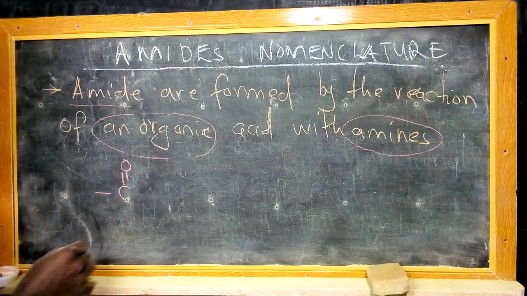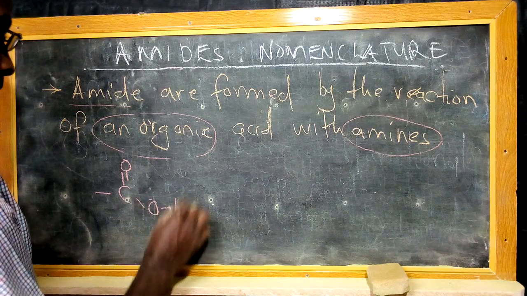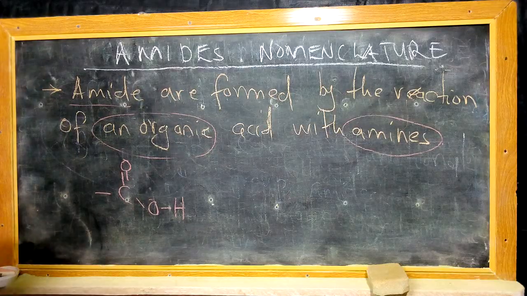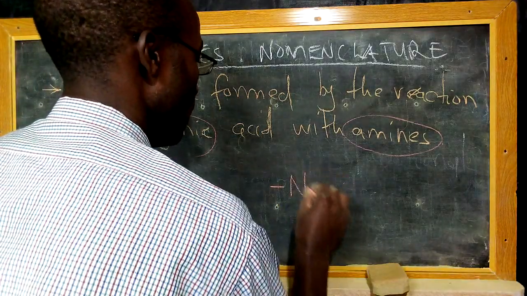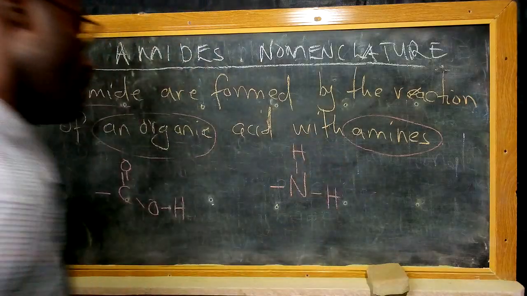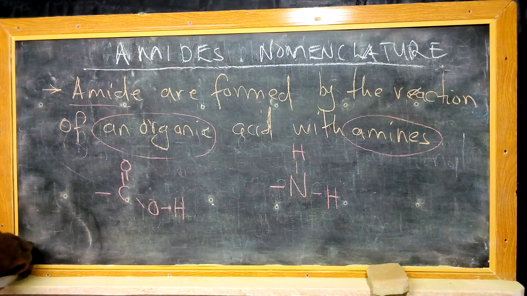So this is the functional group for organic acids, and then the functional group for amides, as we have already discussed, is that one. And then we said that the resulting amide's functional group can be demonstrated using this.